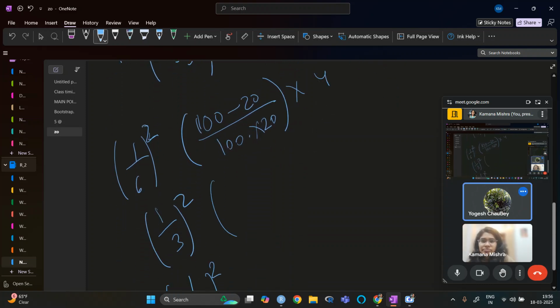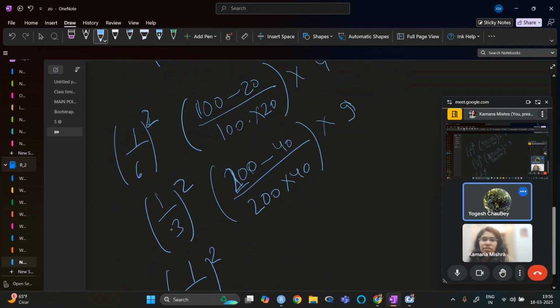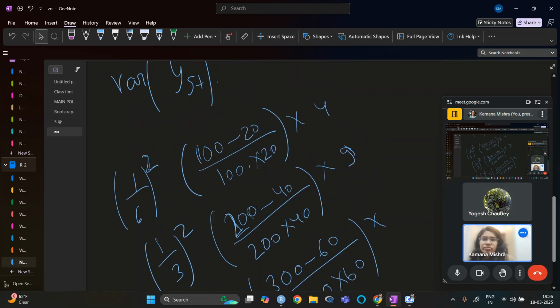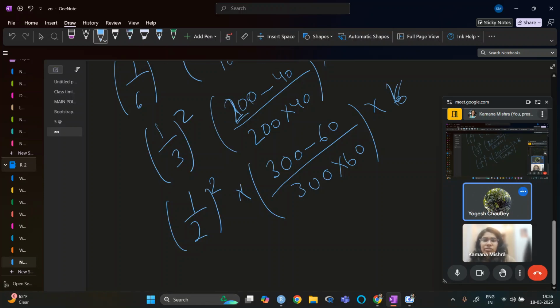Then (200 minus 40) by (200 into 40) into 9, and then (300 minus 60) by (300 into 60) into 16.